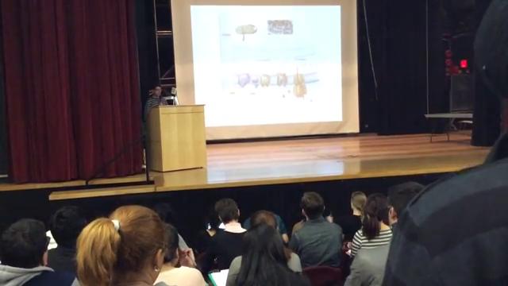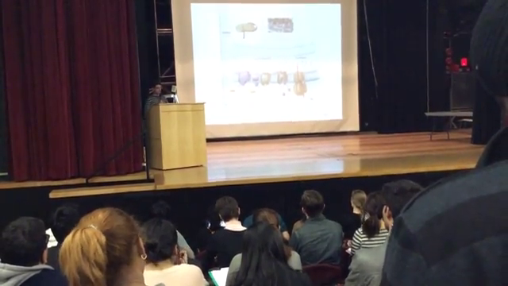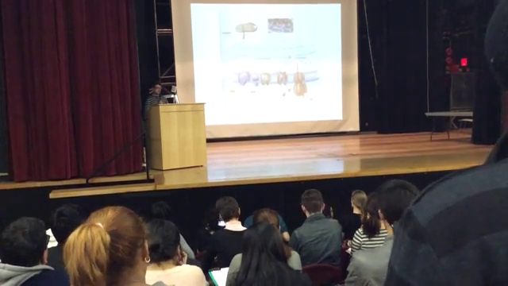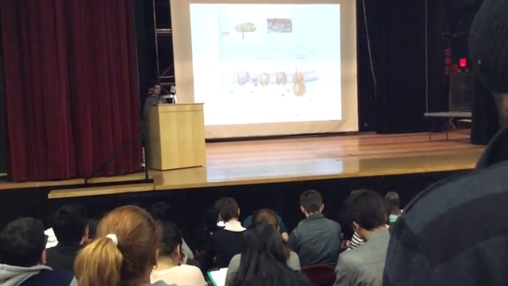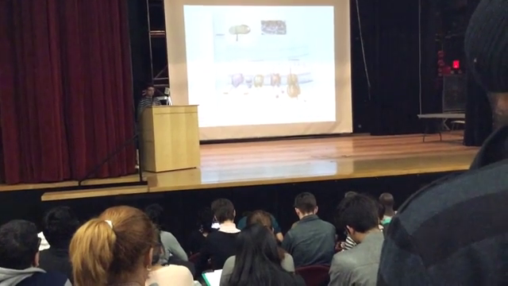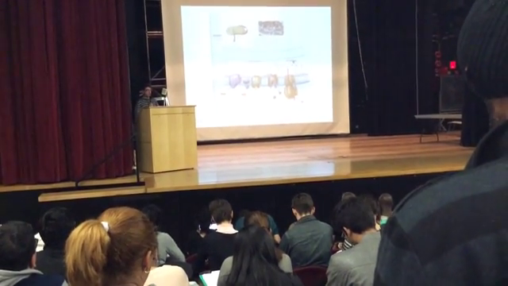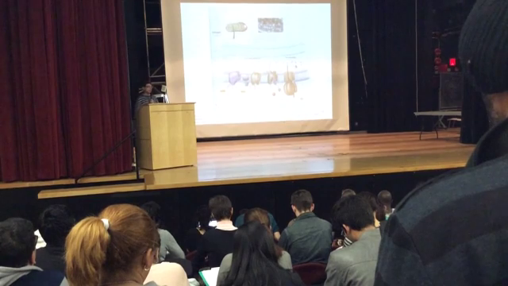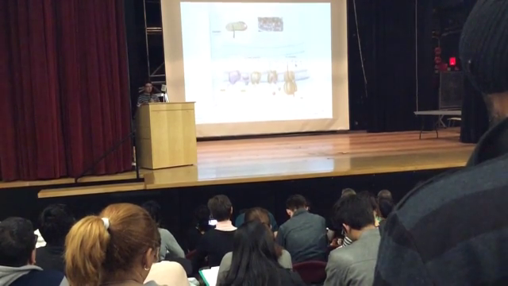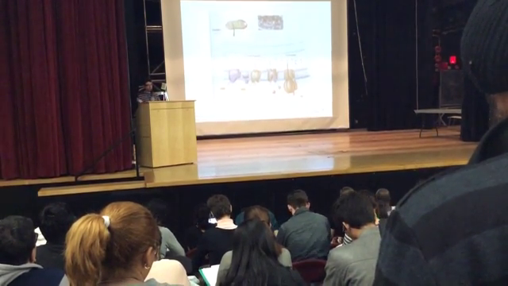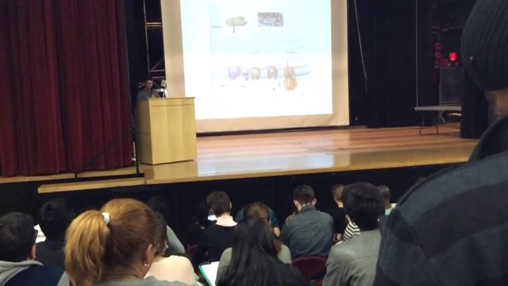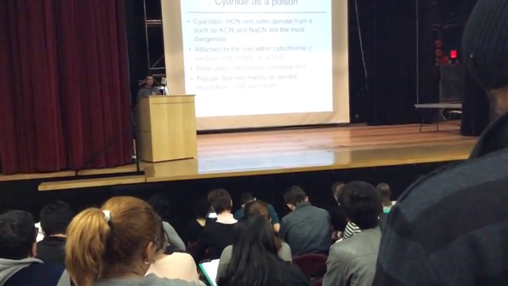And if these are not moving, then the protons will not be moving. And if the proton gradient is not established, then there's no force to make ATP. The energy for synthesis of ATP comes from the movement of protons down their gradient, which means you have to have a proton gradient. No electron flow, no proton gradient. No proton gradient, no ATP synthesis. So that's how cyanide kills you.